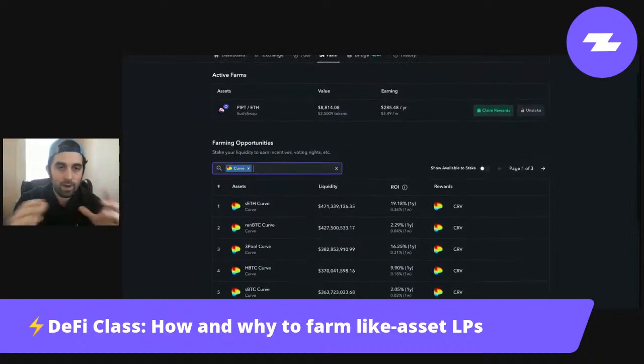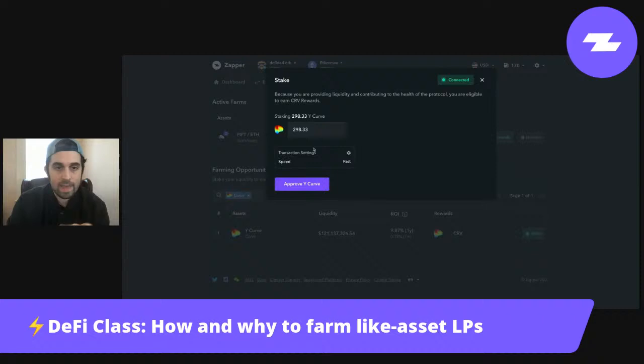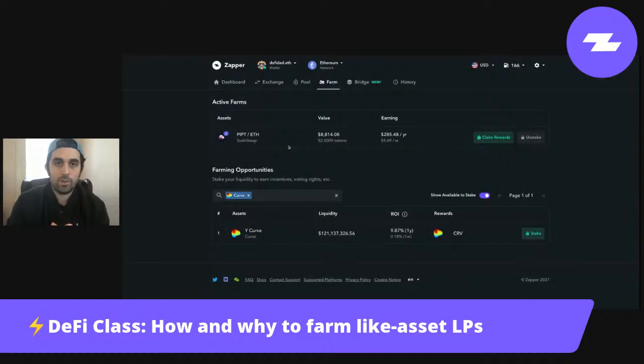This is where I go after I've already become the LP. You can use this button too, and it'll reveal that you're holding the Y Curve LP. You could stake that. Once I approve that, there's a stake option, and that's it. Then I start to earn the Curve governance token. If you have any questions, please reach out through Twitter, or you can hop into our Zapper Discord.